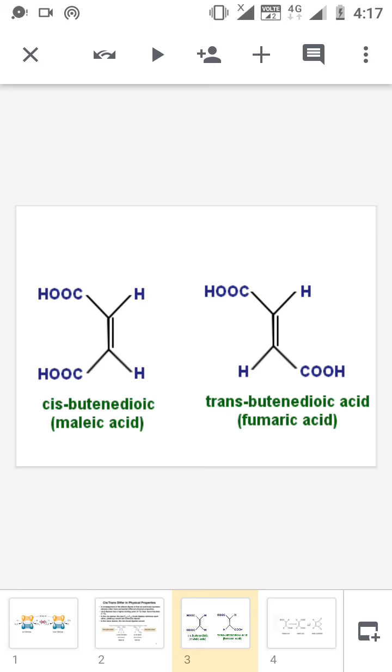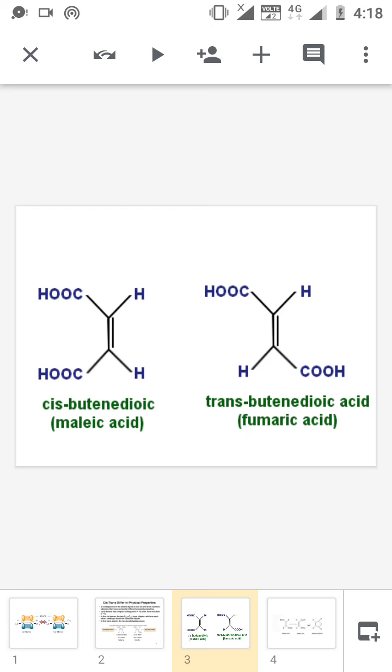As we discussed earlier, geometrical isomers show differences in their physical properties. So maleic acid has a higher boiling point than fumaric acid, and the melting point of fumaric acid is higher than that of maleic acid. The reason is the same as we discussed earlier in the case of butene.